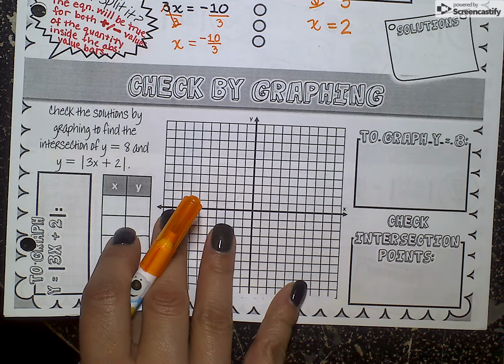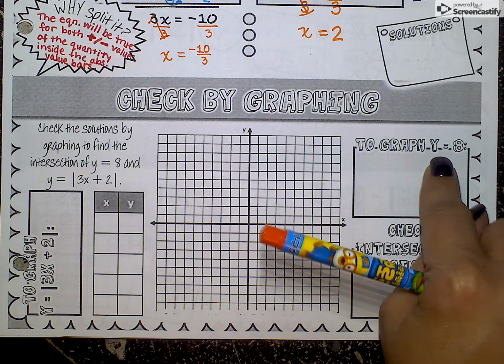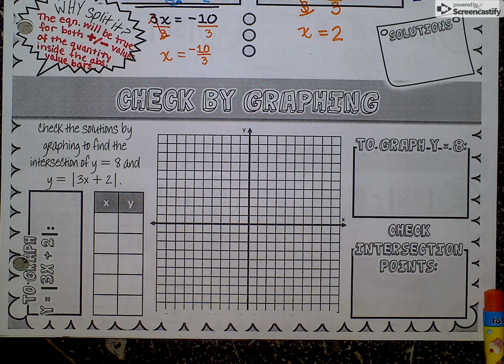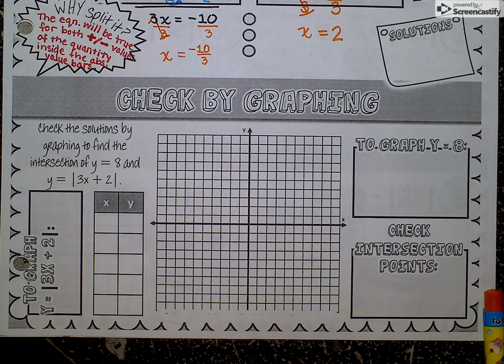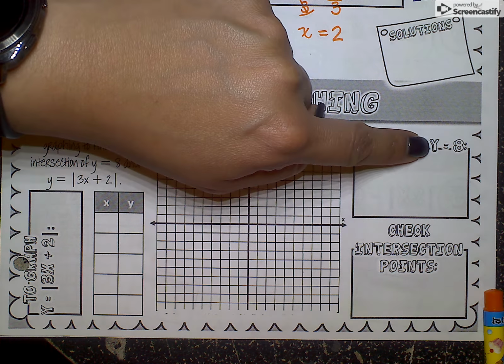So, I'd actually like to start with the easy one. Graphing y is equal to 8. Because if you remember, back on our notes, I believe page 24, we talked about Hooyvaks. And whenever we have an equation that begins with y equals and just a number, that would be Hoy.